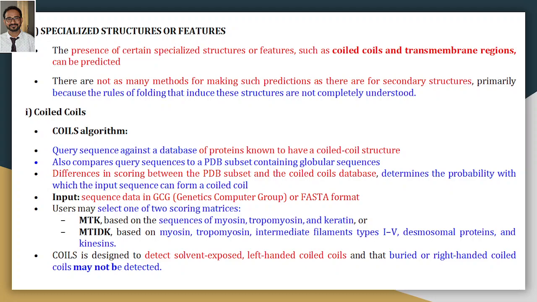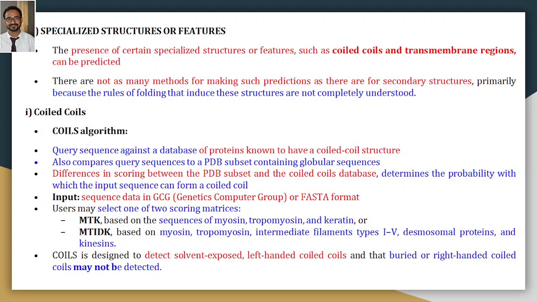The input sequence data is in GCG (Genetic Computer Group) format, or it can be just FASTA format. Users may select one of 2 scoring matrices here, MTK or MTIDK. MTK is based on myosin, tropomyosin and keratin, whereas MTIDK is again myosin, tropomyosin, intermediate filaments types 1 to 4, desmosomal proteins, as well as kinesins.